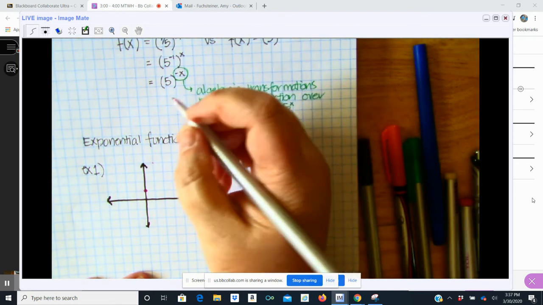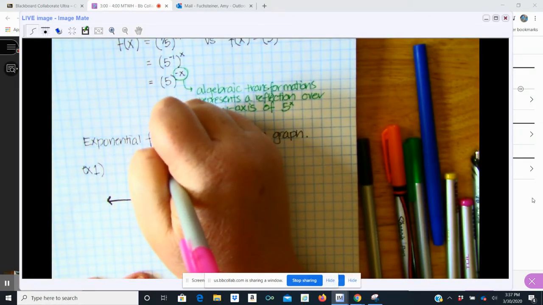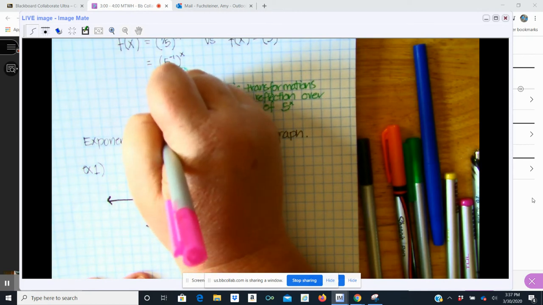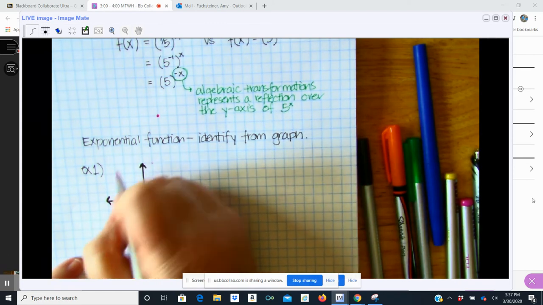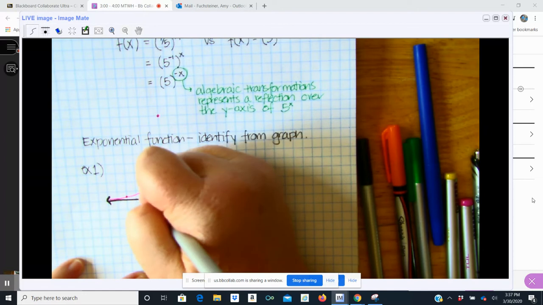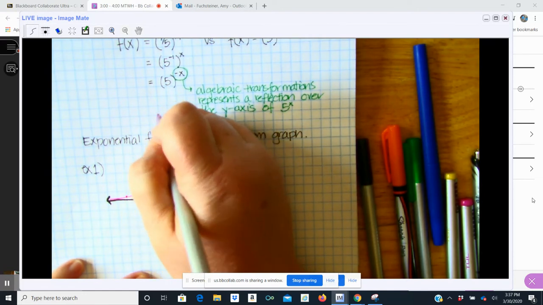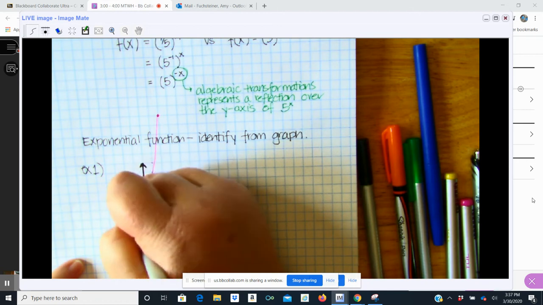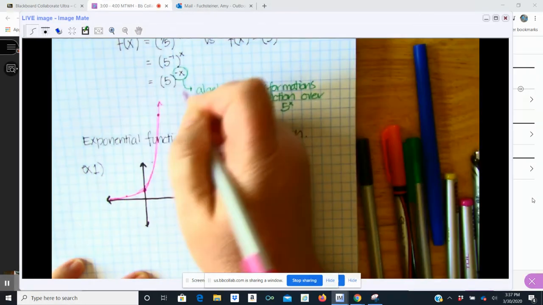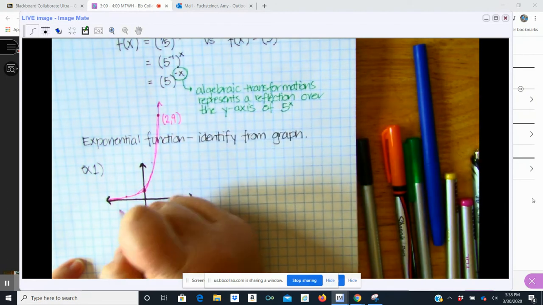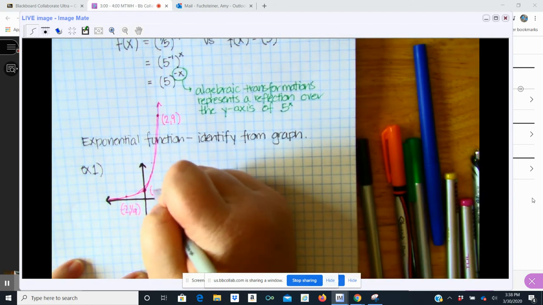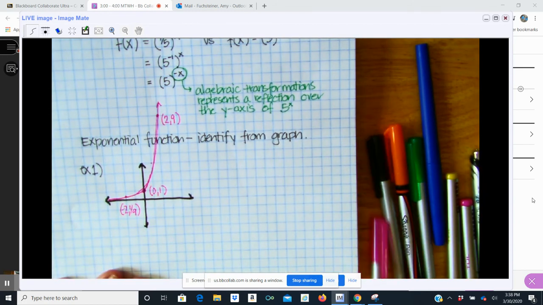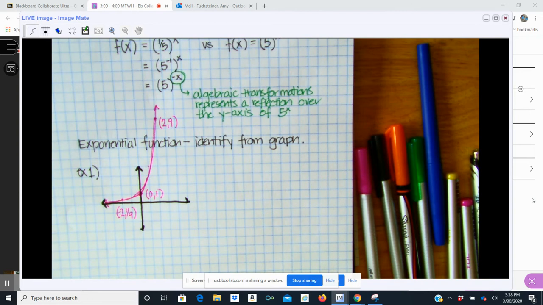And we're going to give you some points on that graph, and we're going to ask you to identify the exponential function.